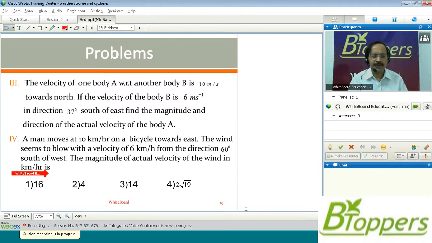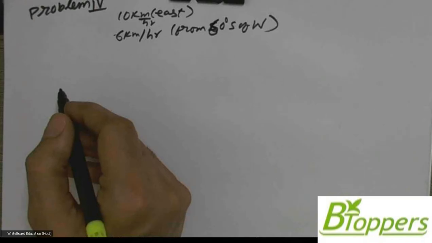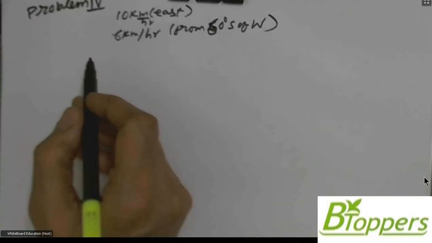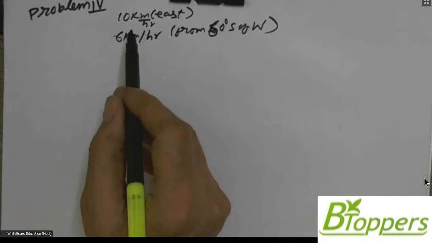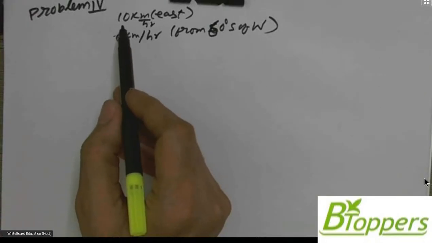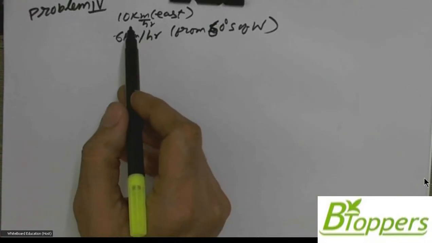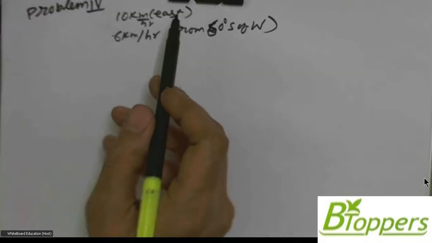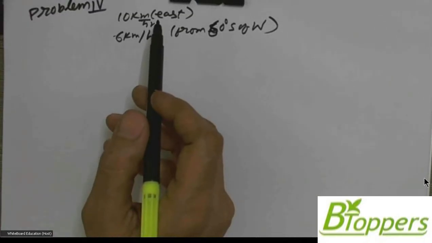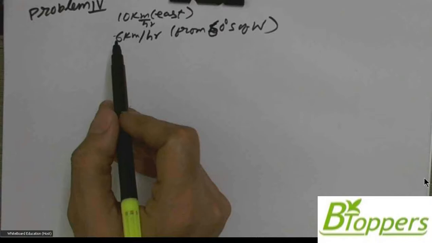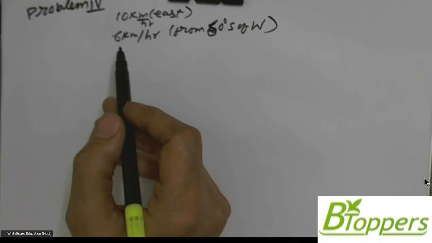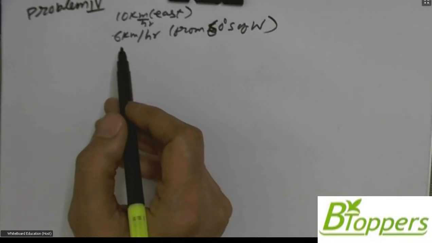So I am going to discuss this problem now. Look at the solution of the problem. In problem number 4, you are given that the velocity of the man is 10 km/h towards east. You are asked to find the magnitude of the actual velocity of the wind.